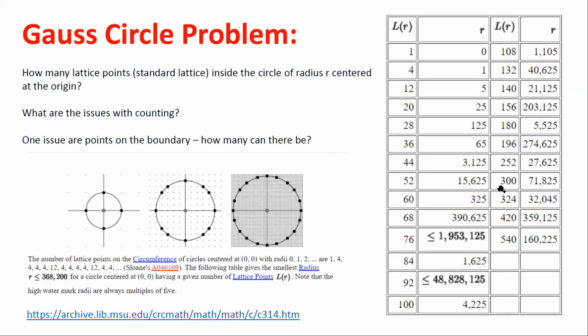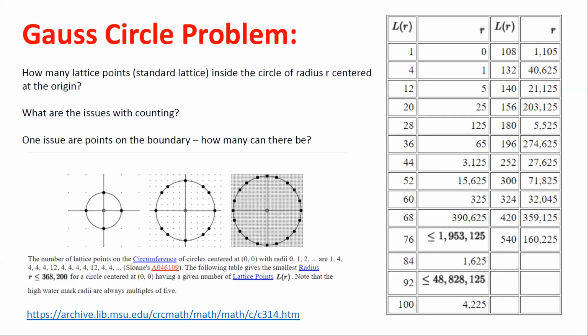If we do 300 squared, that would be 90,000, which is again of the same order as r. So it looks like the number of points that could actually be on the boundary might be of size square root of r, not of size r.